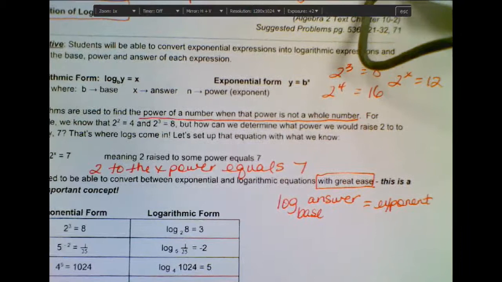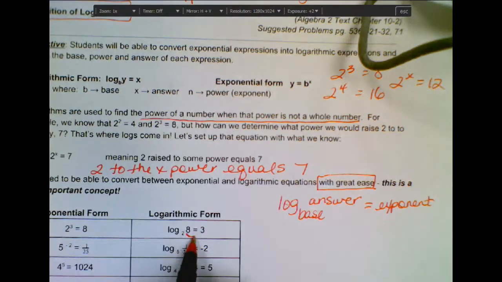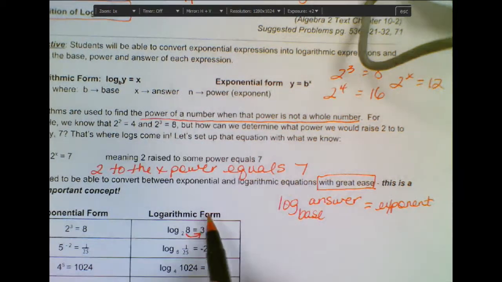So, exponential form is something that we're used to. That means 2 to the third power equals 8. The difference with logarithmic form, and I encourage you to think of it like this, it's kind of a circular pattern. The exponent is now what's isolated by itself. It's just rewriting that function.